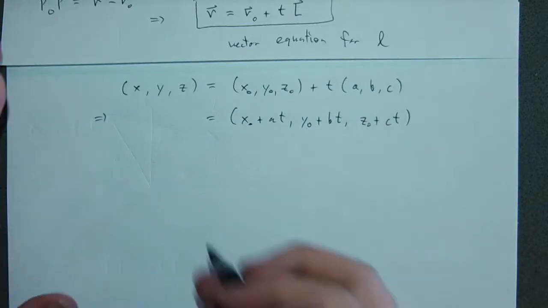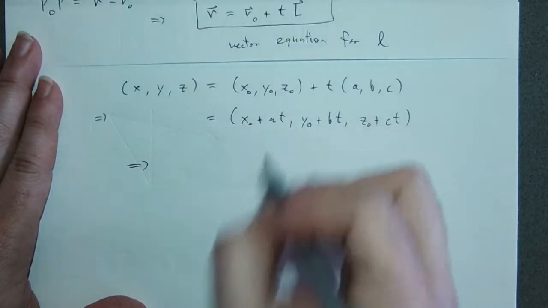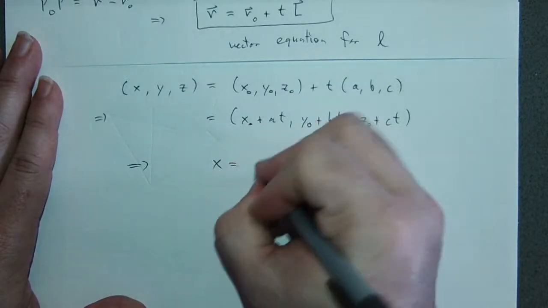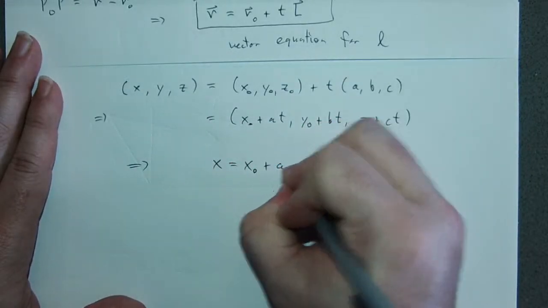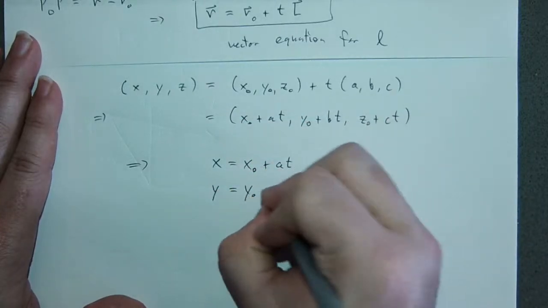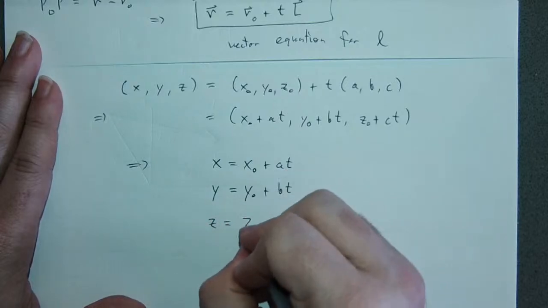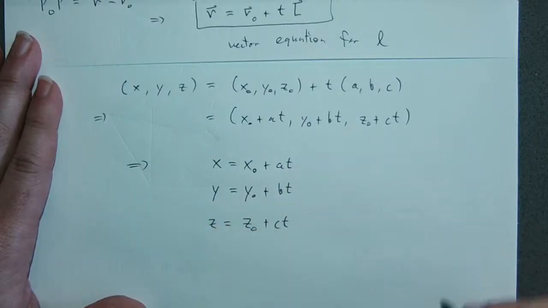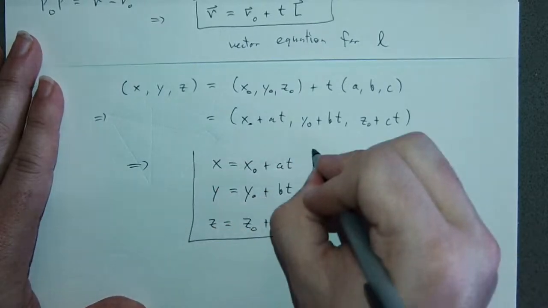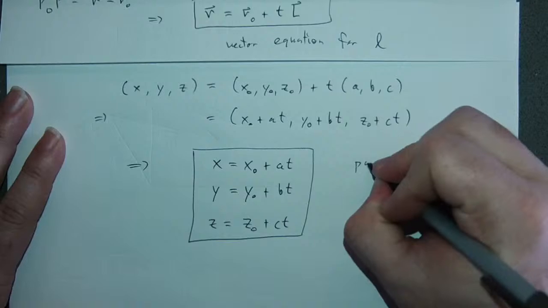So what I get out of this is that x must be equal to x naught plus at, y must be equal to y naught plus bt, and z must be equal to z naught plus ct. These are the three equations that determine a line in space. These are called the parametric equations.